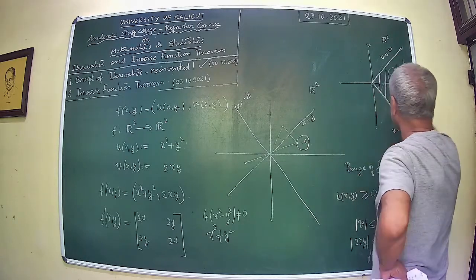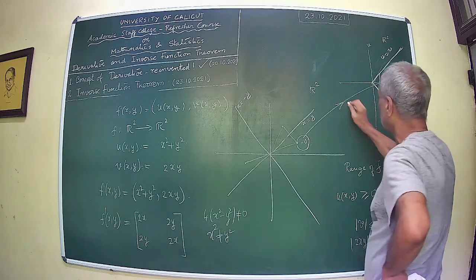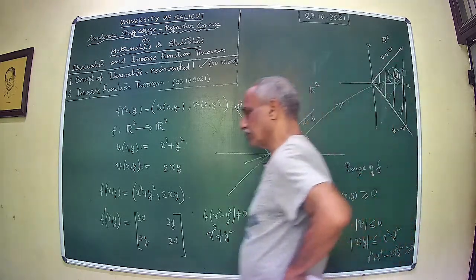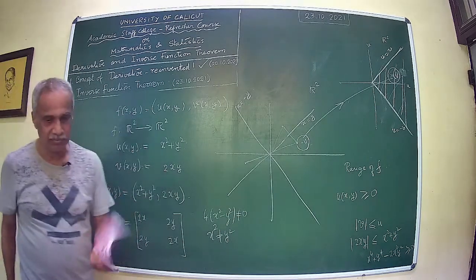So from U to V there is a 1-to-1 onto map.